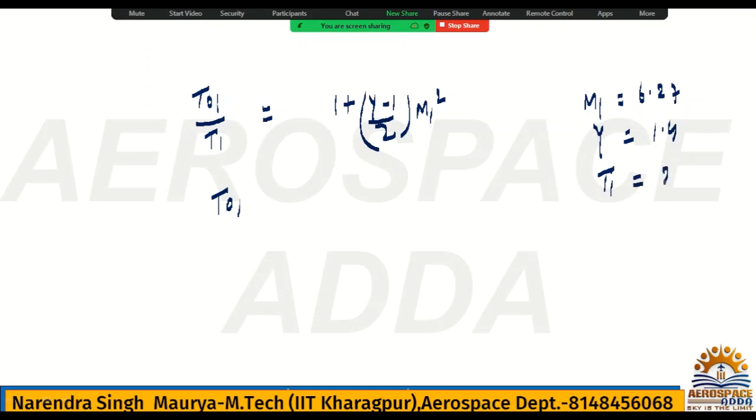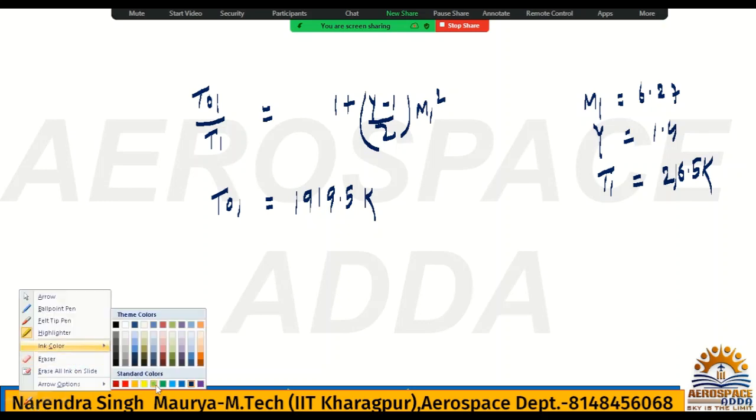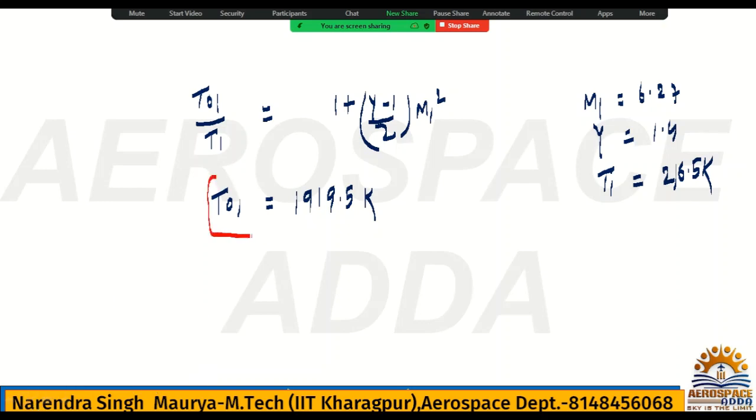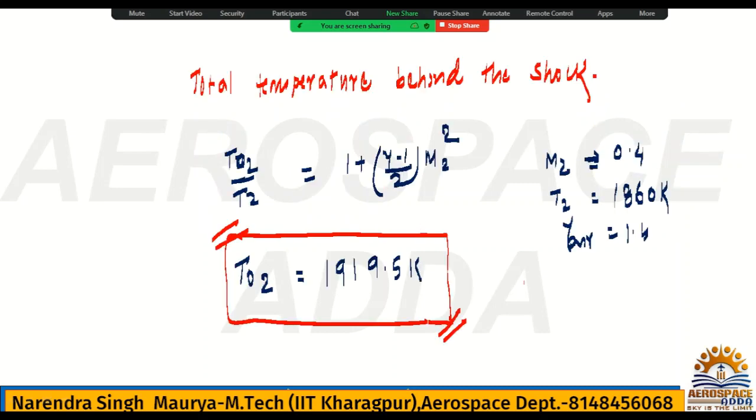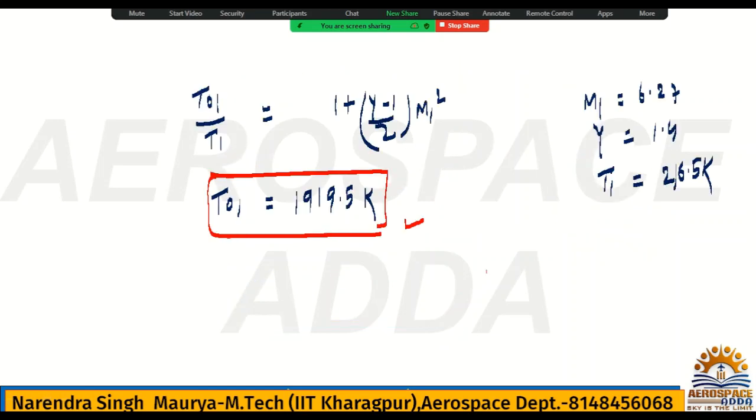T1 you had calculated at 15 kilometers, 216.5 Kelvin. Now find out what is T01. Quick. It's approximately 1919.5 Kelvin. So take T01 and T02, both are the same. This is a GATE question they are also asking, that value. Total temperature must be constant, and that is the property of a normal shock wave also. Check the table I said.